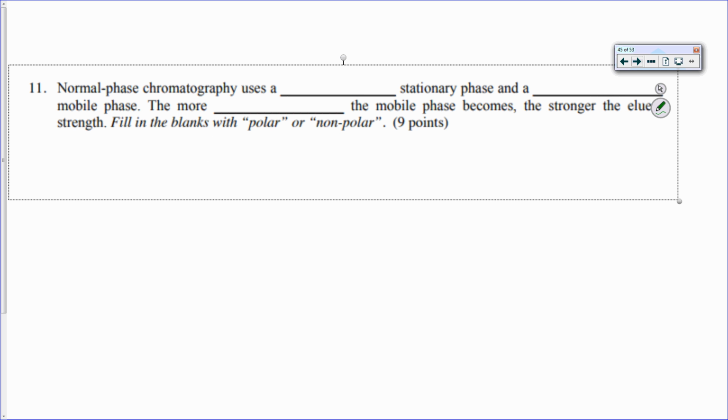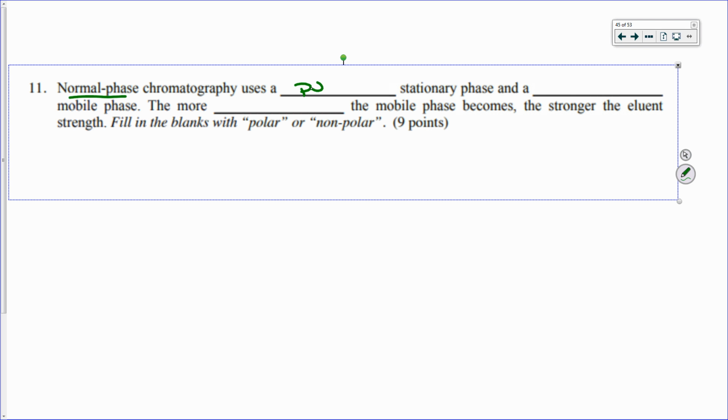Okay, so here was a test question from a couple of years back. It says a normal phase chromatography uses a blank stationary phase and a blank mobile phase. And it says the blank the mobile phase, the stronger the eluent becomes. So the answers that you can fill in with are polar and non-polar. All right, so what is the stationary phase in normal phase chromatography? Is it polar or non-polar?